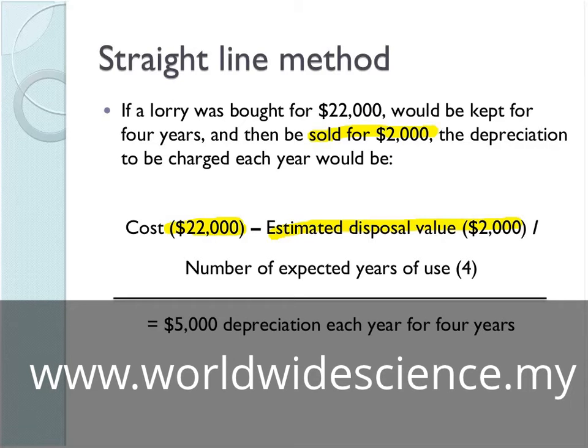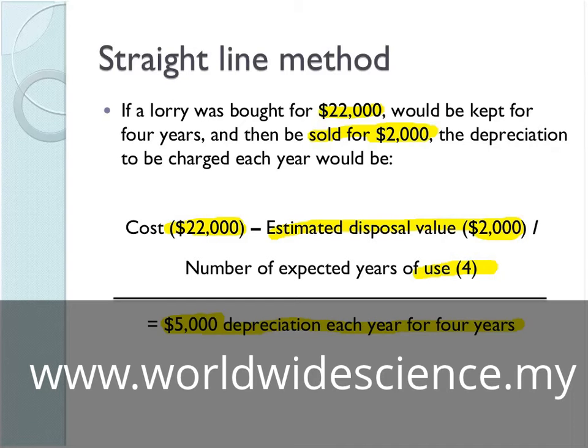That 2,000 is like our profit. 22,000 minus 2,000, that sum will be back to the company and divided by the 4 years. And it is equal to 5,000, which is the depreciation each year for 4 years. So each year we must deduct 5,000 from the 22,000.